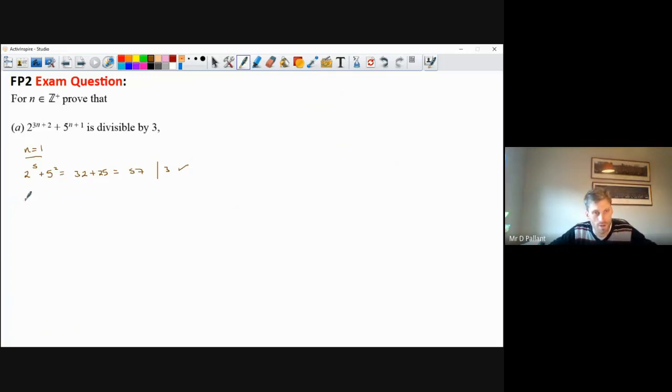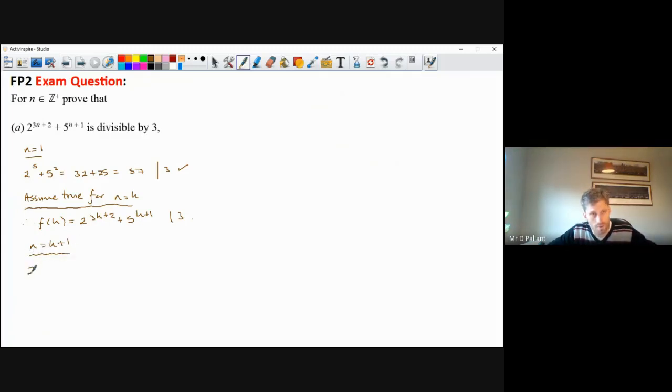And then we're going to assume true for n equals k, and therefore f of k, which is 2 to the 3k plus 2 plus 5 to the power of k plus 1. We're going to assume that divisible by 3. And then let's go for n equals k plus 1.